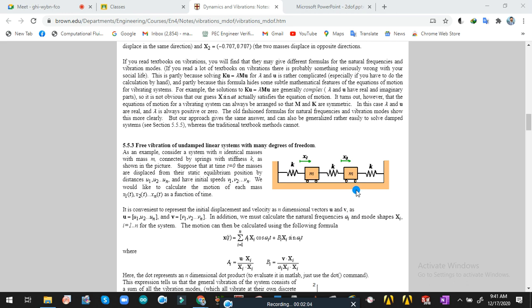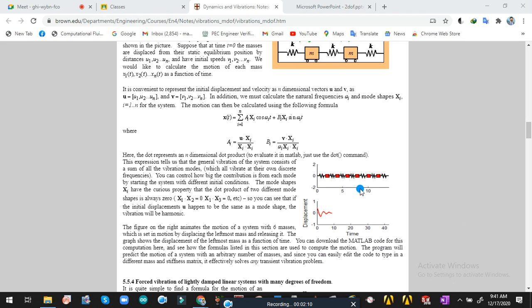So, for finding the number of degrees of freedom, only the number of masses and possible type of motion of each mass is required. See, in this case we have 2, 3, 4, 5, 6 masses. Possible type of motion is 1. So, we have 6 degrees of freedom here. And this is the time response of the whole system.